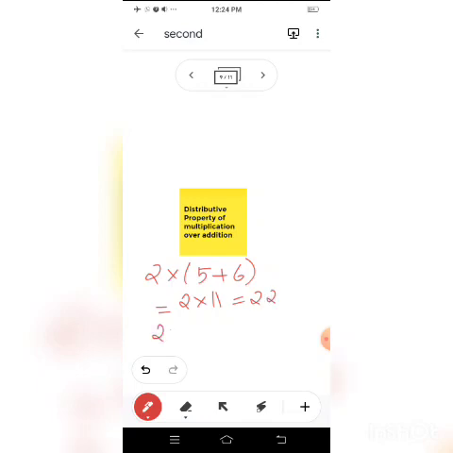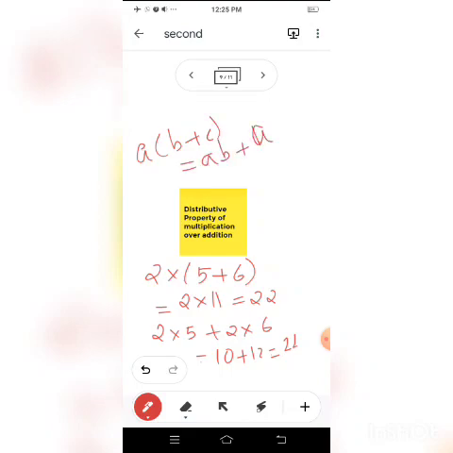Now 2 into 5 plus 2 into 6, what will be the answer? 10 plus 12, that is also 22. That is, A into (B plus C) equals AB plus AC. Here multiplication is distributed over addition. This property of real numbers is called the distributive property of multiplication over addition.